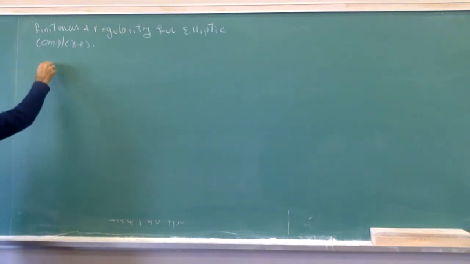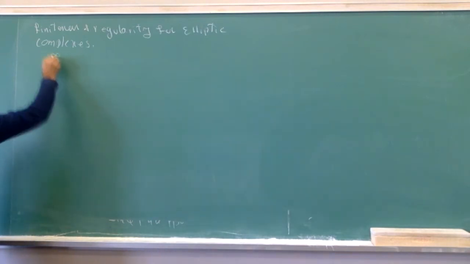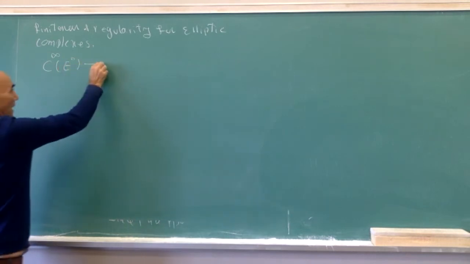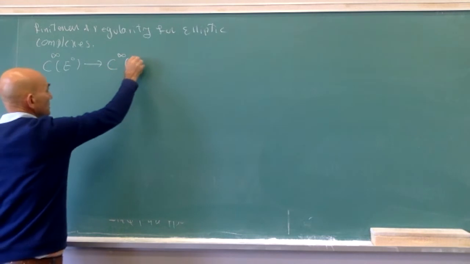So assume you have an elliptic complex. You remember, we had even a tutorial on elliptic complexes. You remember an elliptic complex is a gadget like this. You have a sequence of vector bundles, right? And differential operators acting on sections.